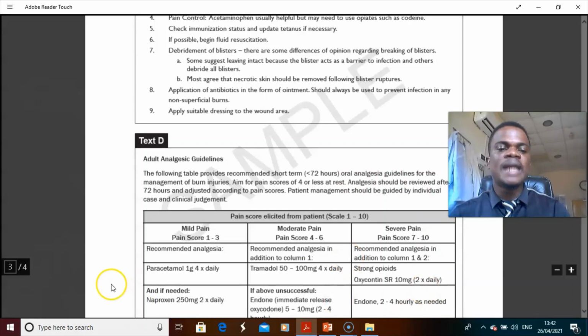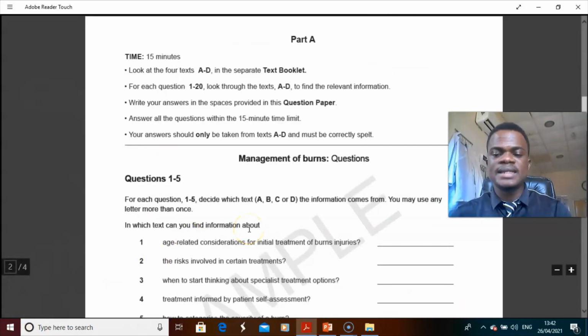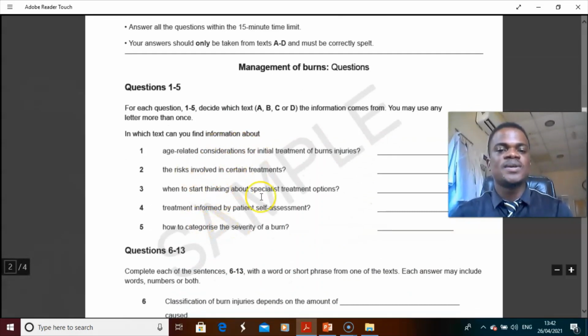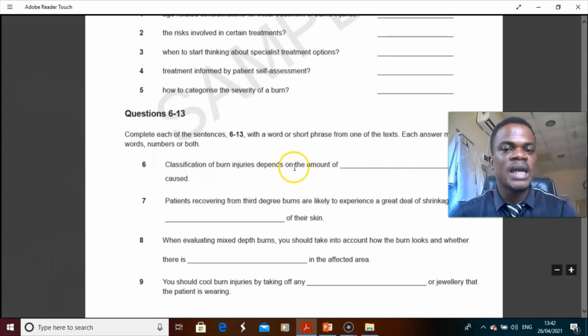Now, when you've noted this, leave the first sets of questions where you will match the information and go ahead where you will fill in the gaps with either a word or a short phrase. So you just go and say, classification of burns injury depends on the amount of dash cost.